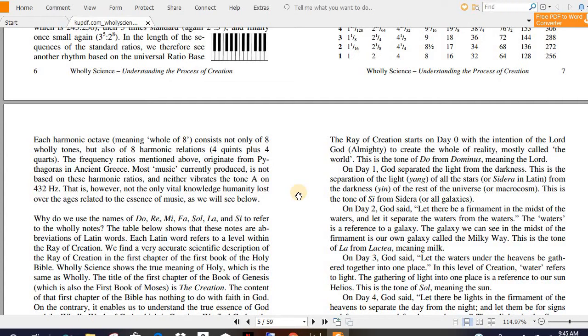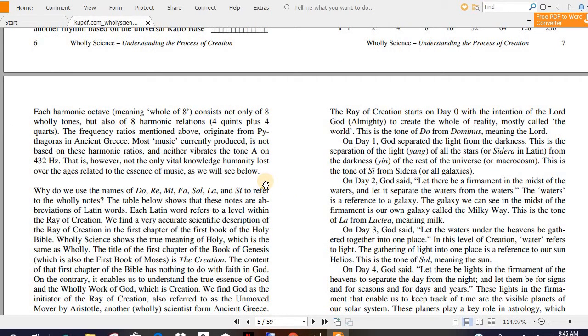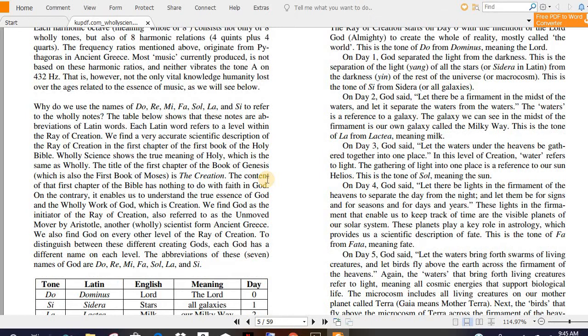The content of the first chapter of the Bible has nothing to do with faith in God. On the contrary, it enables us to understand the true essence of God and the holy work of God, which is creation. We find God as the initiator of the ray of creation, also referred to as the unmoved mover by Aristotle, another holy scientist from ancient Greece.